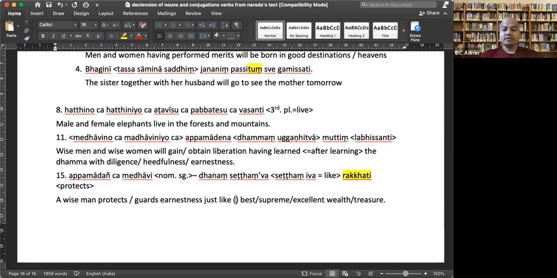You can probably include this word here, just like his best treasure. So if somebody has an excellent, best, supreme wealth or treasure, people would be working hard to protect it, to guard it. People would try everything to protect that excellent treasure or wealth.